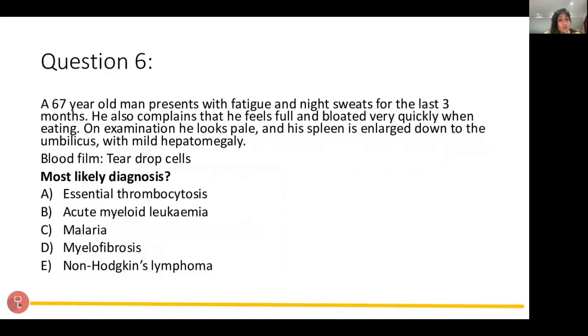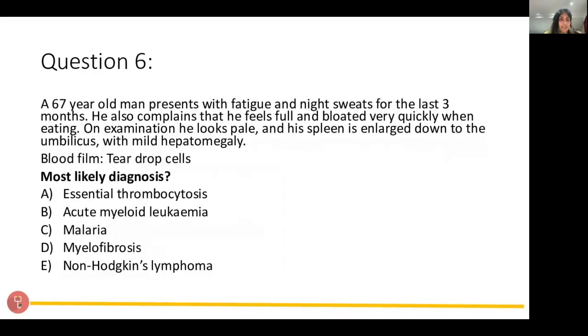But you could argue that those are also symptoms of some of the other things on here, like lymphoma and leukemia, which are the other two common answers that you picked. However, the key thing that gives away the answer is the blood film. Teardrop cells are basically pathognomonic of myelofibrosis, and it's worth looking up a picture of these. I'm sorry I didn't include it here, but you get cells that look like tears.